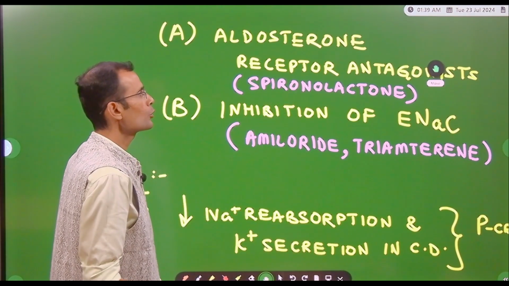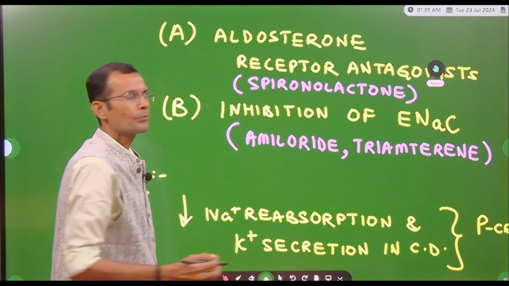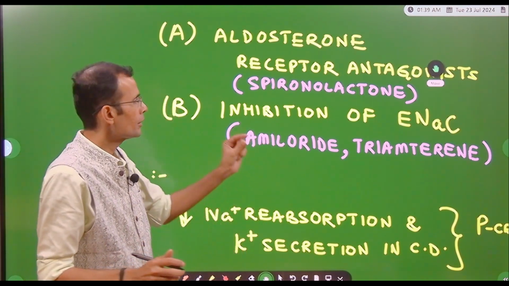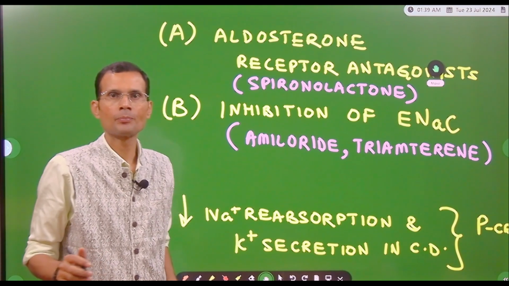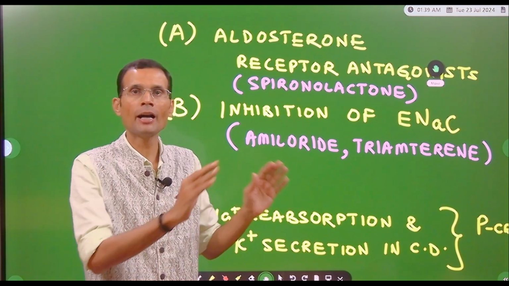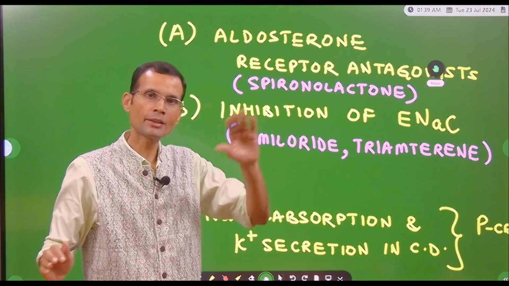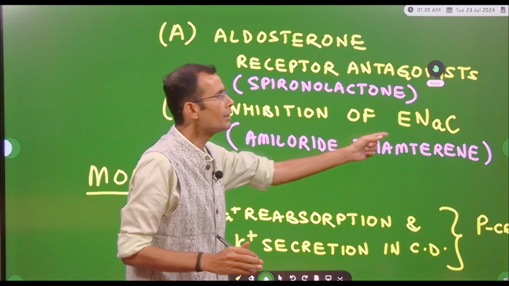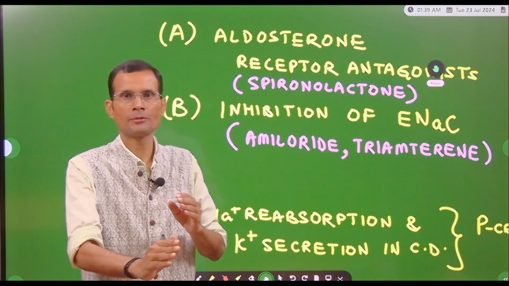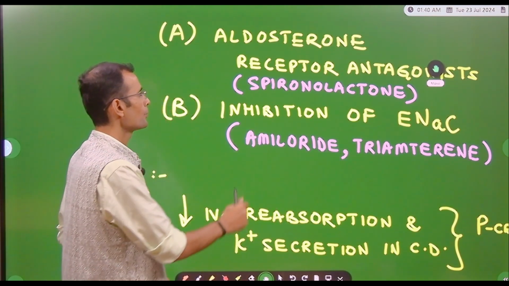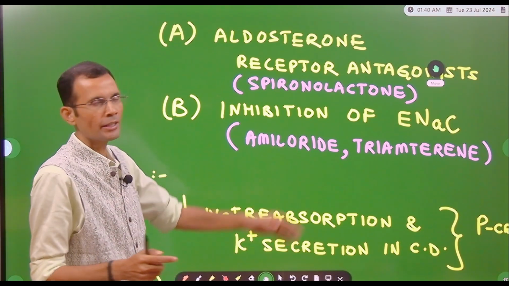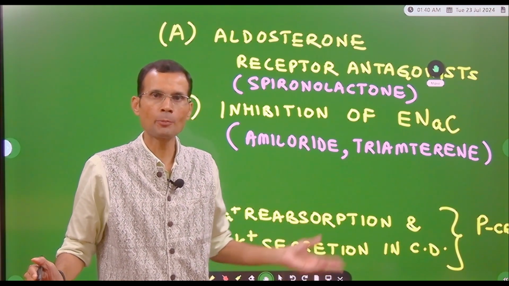So the drug is spironolactone. Or there are specific ENaC blockers. Instead of being an aldosterone antagonist, which will stop the entire aldosterone action, there is only blocking of ENaC, the epithelial sodium channel. So amiloride and triamterene are ENaC blockers.